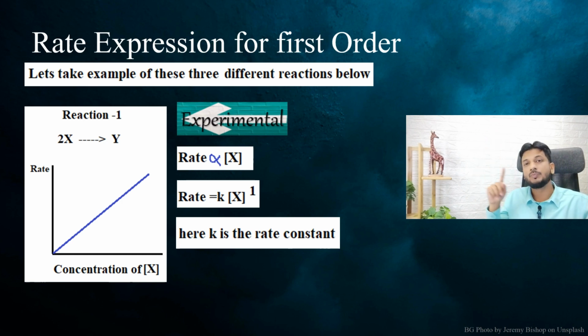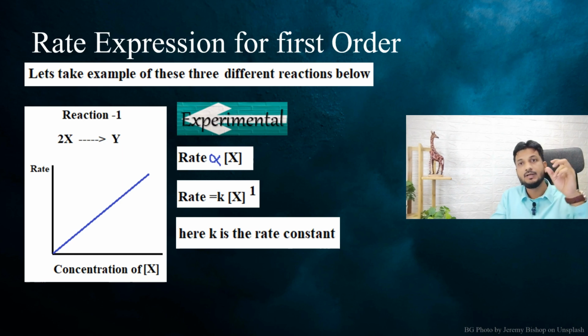We just said proportional to X power 1. Why? Because the graph is a straight line. How did we get the graph? By experiments. So that means rate dependency on the concentration is experimental. You cannot figure it out by the reaction balancing. Balancing can be anything, but the dependency may be different.